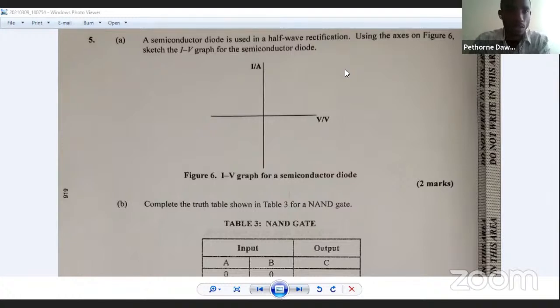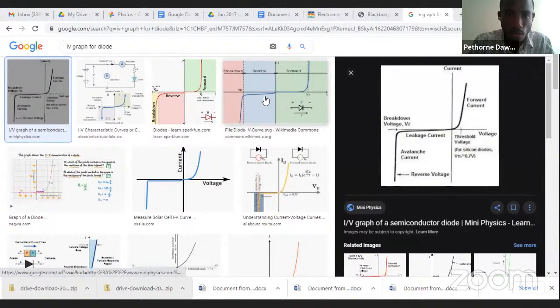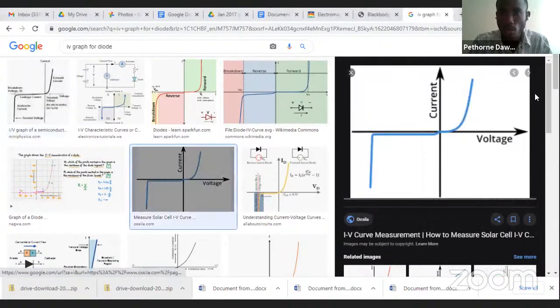So you see what's up. Let me just stop sharing this and then share. That's it. Which one is more simple? All right, we use this graph. So we're looking at this graph here.